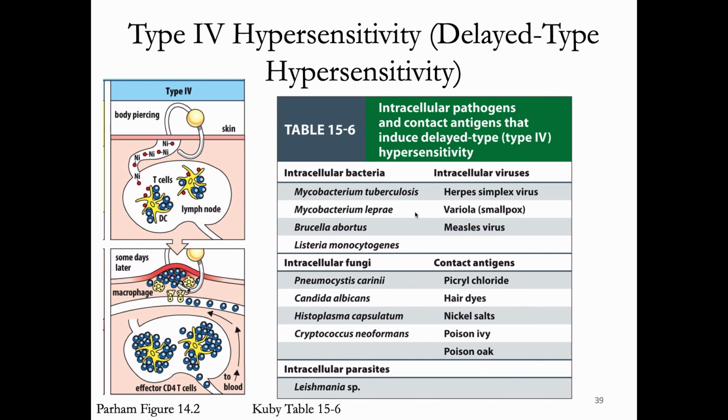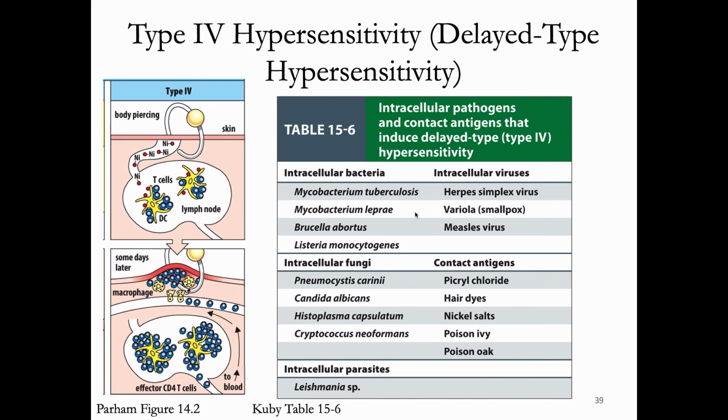The other three that we talked about were largely dependent on antibody responses. So this is the T cell one. In fact, sometimes when I think about a type 4 hypersensitivity response, I think about it as just being a fancy name for a Th1, because it's going to look very much like a just plain old Th1 response.